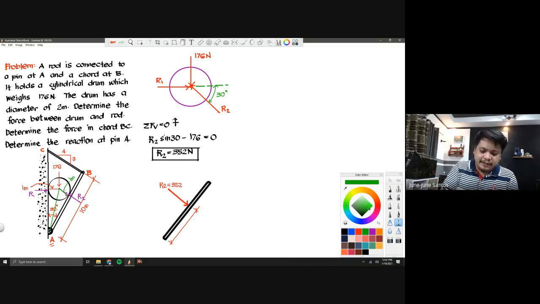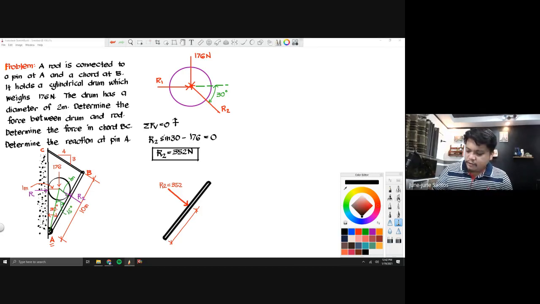So meron kang dalawang triangle. They are similar triangles. Okay. Actually, they could be congruent triangles. Okay. So kung meron kang dalawang congruent triangles and they have the internal angles of 30 degrees, ibabisect lang niya yung 30 degrees. Ibig sabihin ng bisect, hahatiin niya kagad sa dalawa. So it means this angle would now become equal to 15 degrees.